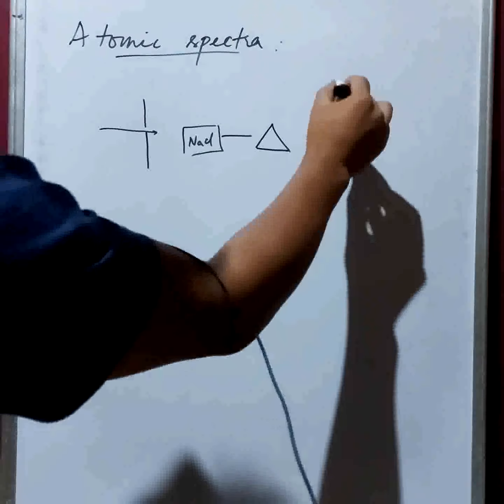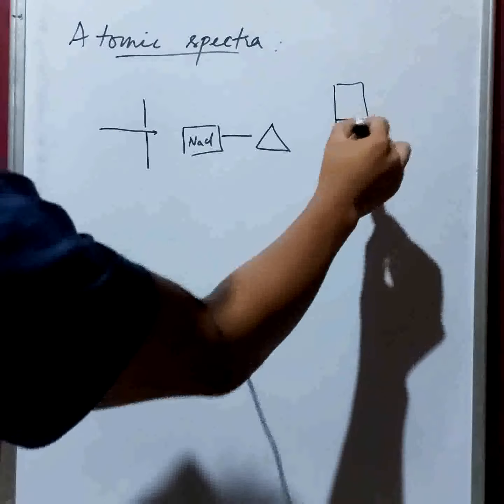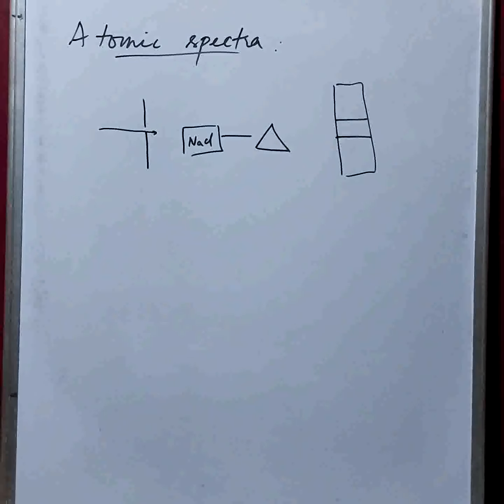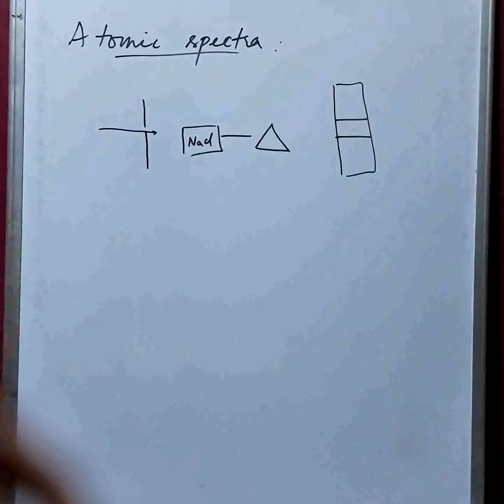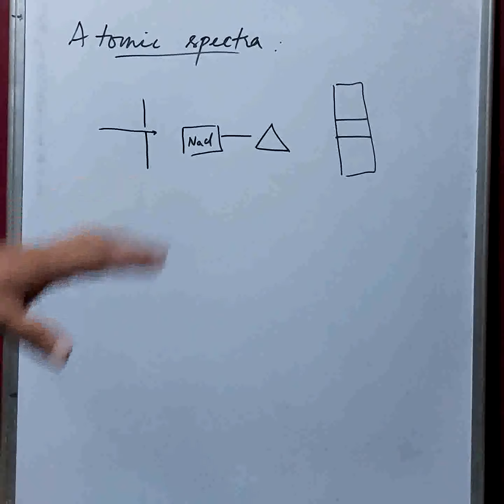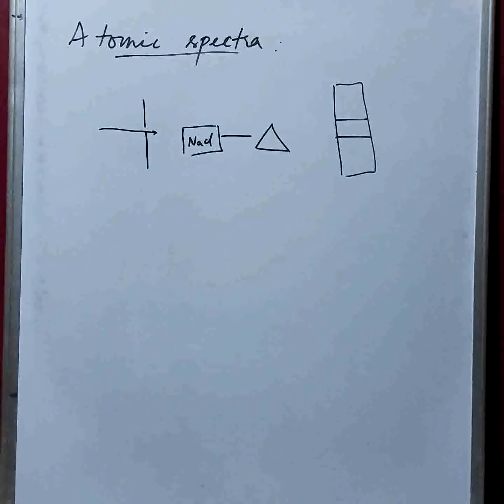Then dark bands, or dark lines, were observed on a photographic plate. That is an example of an absorption spectrum.